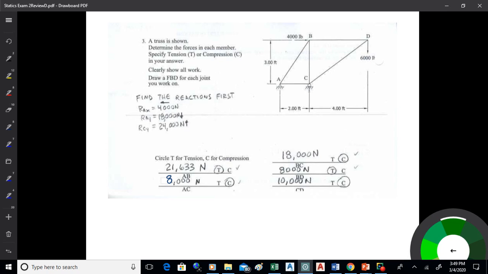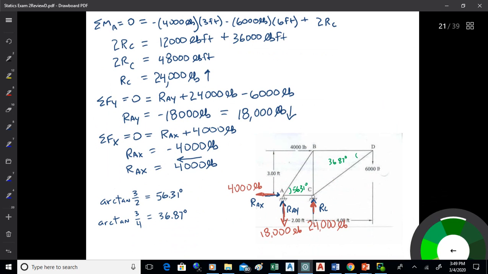And again, this stuff's all about drawing pictures and free body diagrams. That's how you set this stuff up properly. Draw the picture, apply the picture. Those are the steps. Find the reactions and the angles first. So sum of MA, you got the 4,000 times 3 feet, clockwise is negative. 6,000 times 6 feet, clockwise is negative. 2RC.